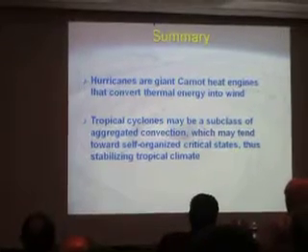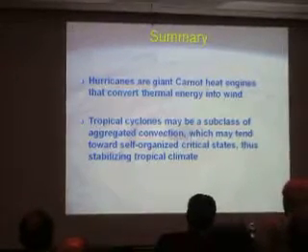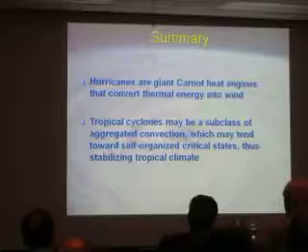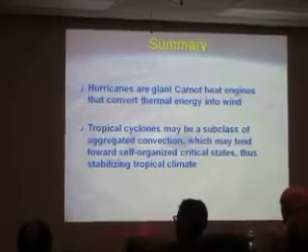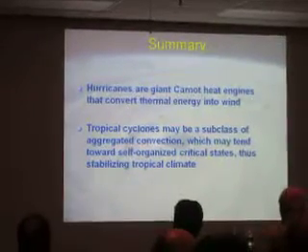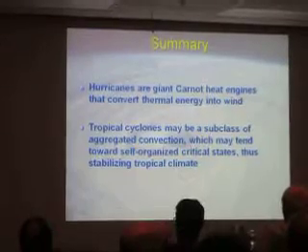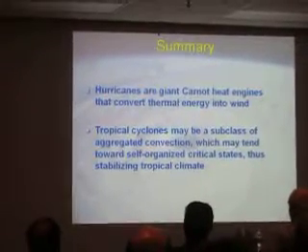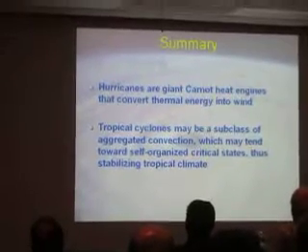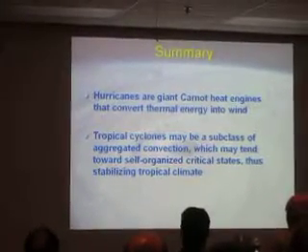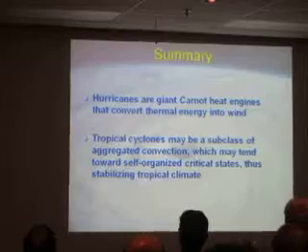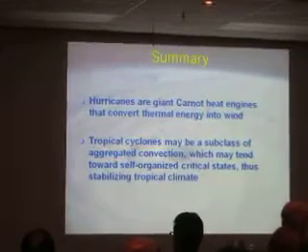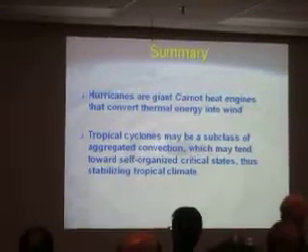Okay, let me summarize. Hurricanes are big Carnot heat engines, remarkably close to an ideal Carnot heat engine. That's kind of fun and interesting. They may be a subclass of what we call aggregated convection, which may have a regulatory effect on the Earth's climate itself, mostly by drying the atmosphere out and getting rid of an important greenhouse gas, water vapor.